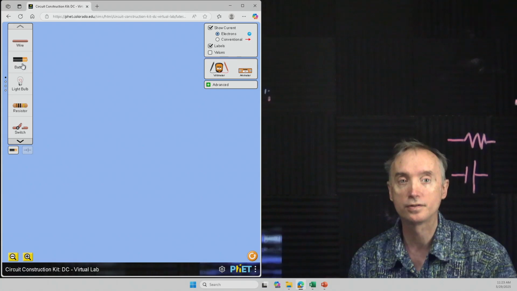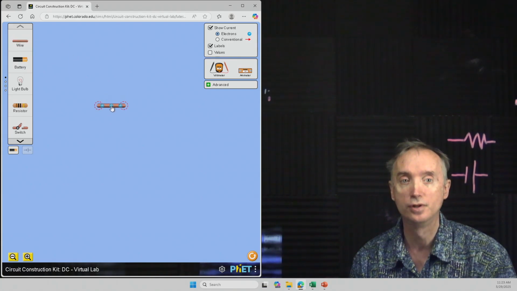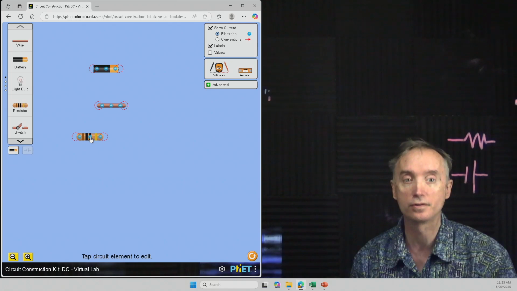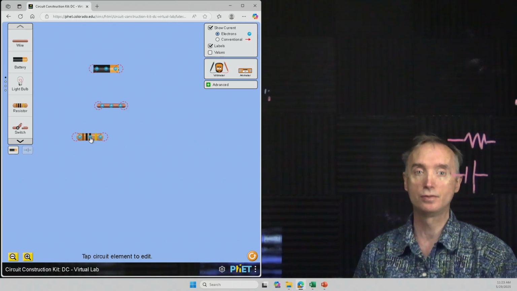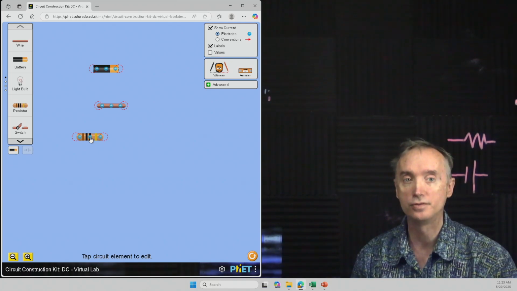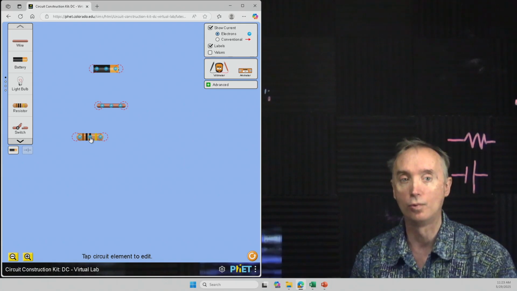So you've got wires that you can pull onto your workstation, and then you're also going to need a battery, and then you're also going to need a resistor. So we're just going to make a simple circuit using a battery, a wire, and a resistor.